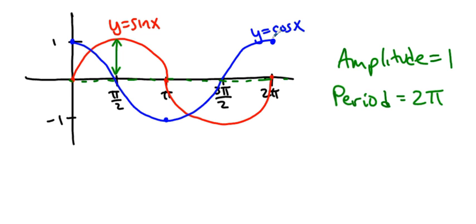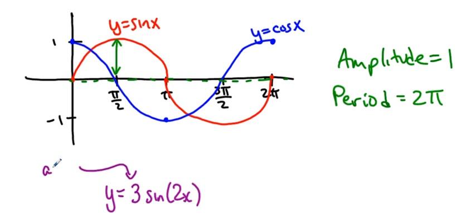So, what happens when you try to graph y equals 3 sine 2x? Well, this 3 is the amplitude.